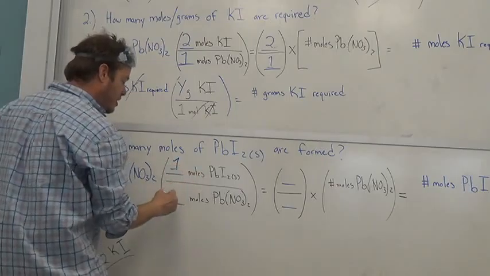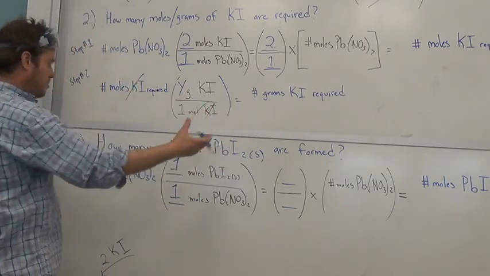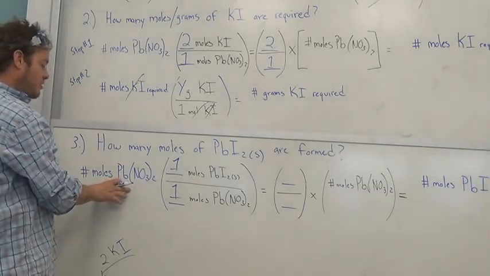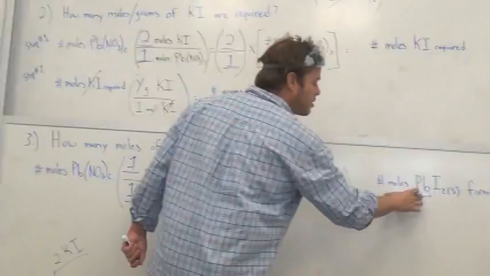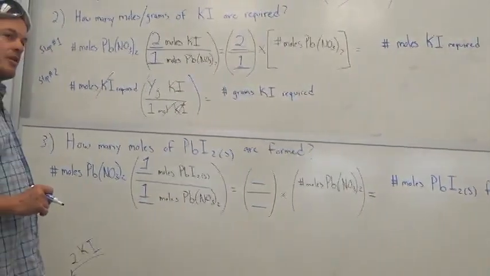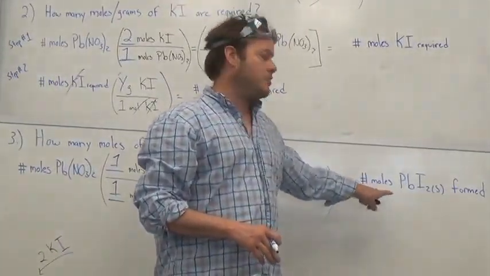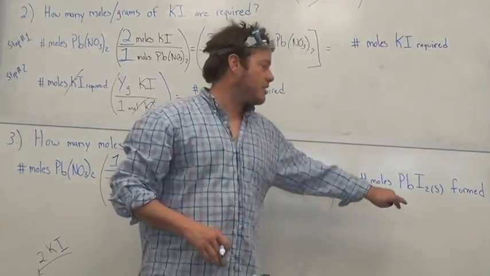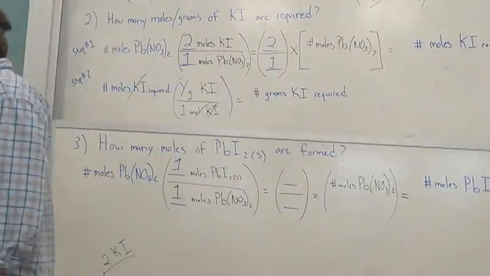So we'll put this 1 right in here. Basically, just multiplying this original number of moles of lead nitrate by 1 gives us the predicted number of moles of product, right? Now then you can take this number if you want and use the molar mass to convert this to the number of grams that you predict.